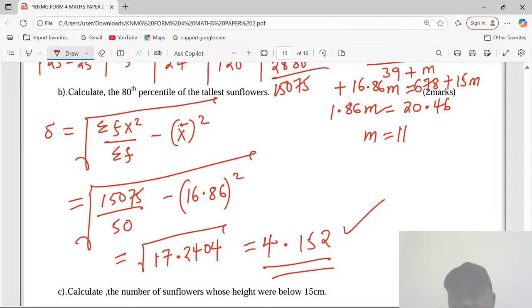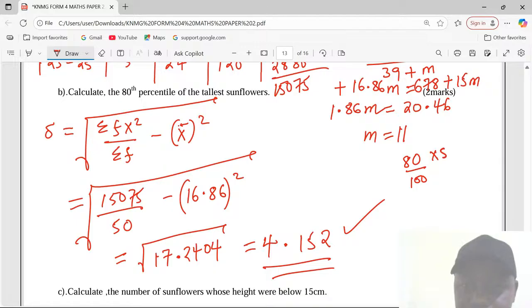You see part B, you're finding the 80th percentile. Because the total frequency is 50, 80th percentile means 80% of 50. Which position is this?